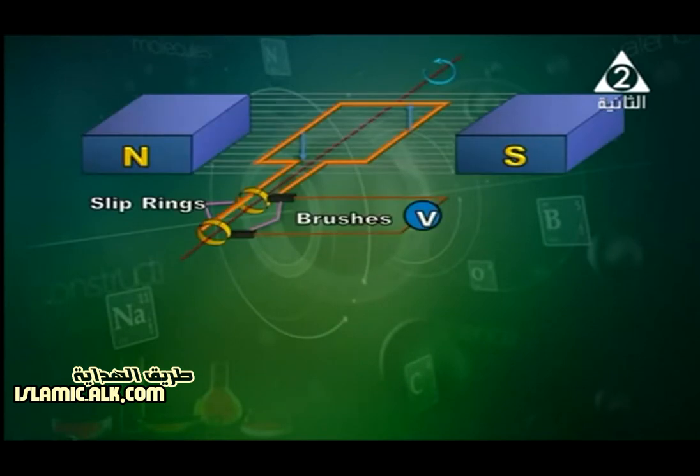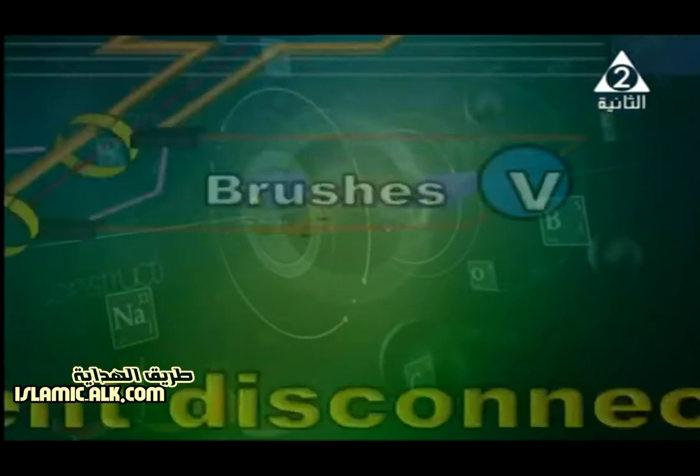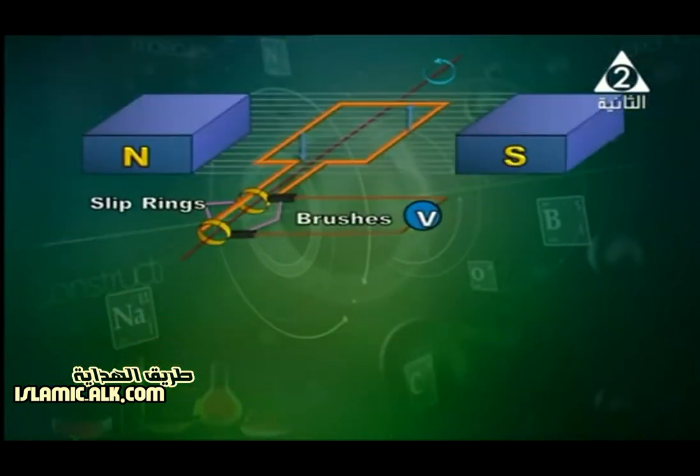Another type of question. In front of you, we've got a diagram. A student disconnects the voltmeter in the circuit, removes the voltmeter, and connects in its place a battery and a switch. So the voltmeter is replaced by a battery and a switch. So we expect to form a motor.